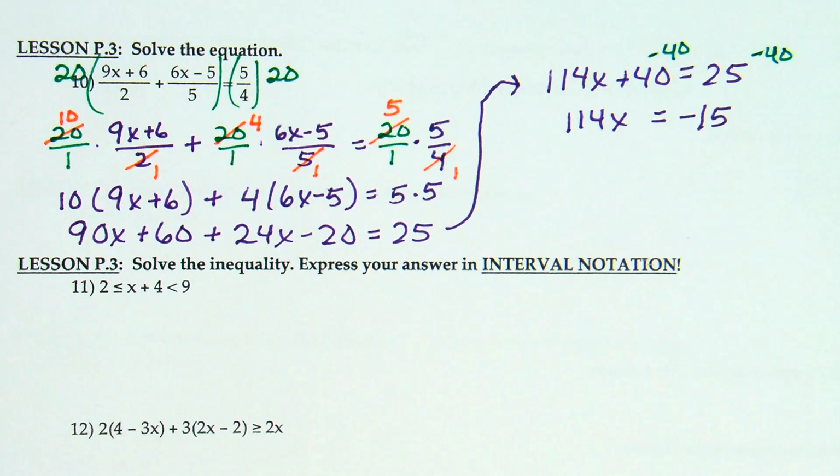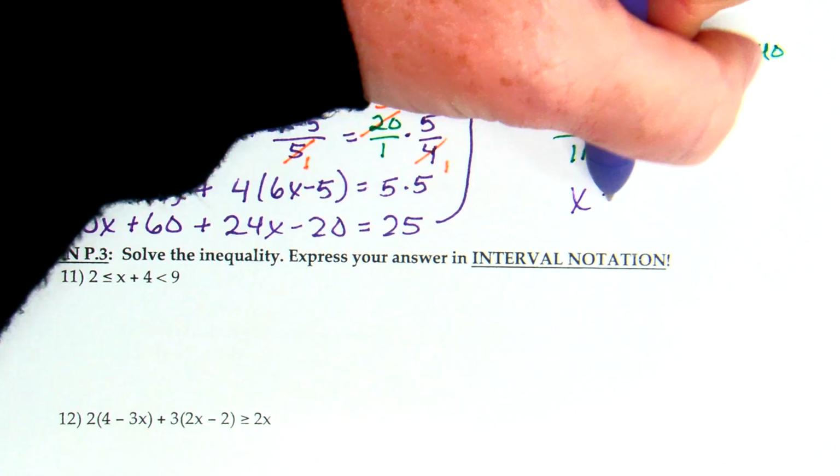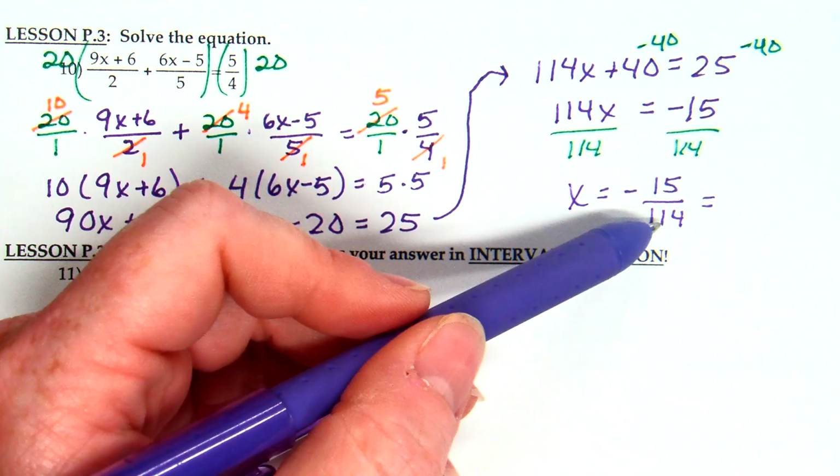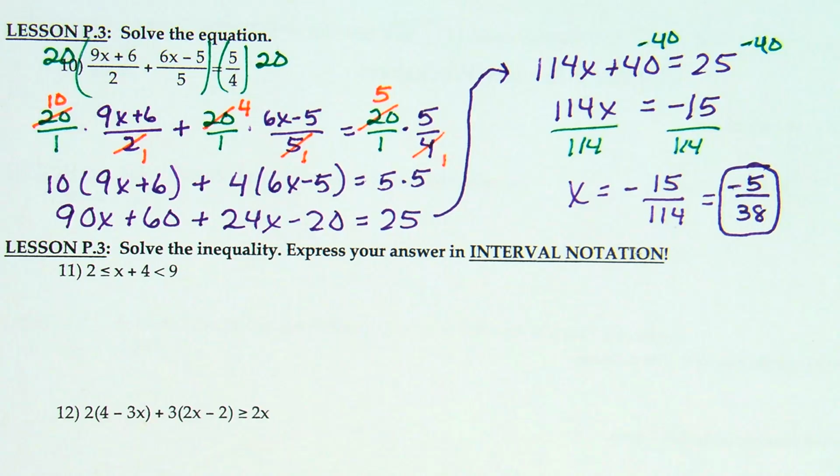However, I know 15 divides by 3, and 1 plus 1 plus 4 is 6. So that means 114 divides by 3. I don't know if you guys remember that divisibility rule. If the sum of the digits divides by 3, the number divides by 3. So this becomes negative 5/38. Okay. That's another good one to look at.